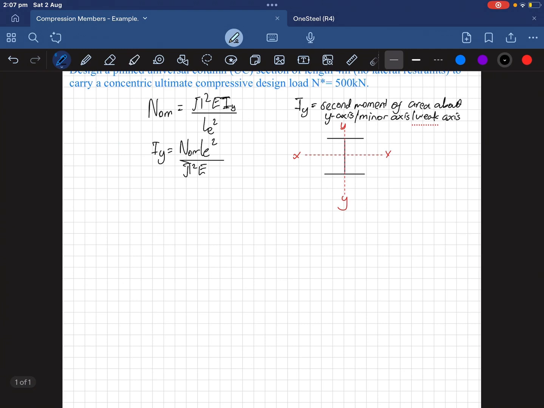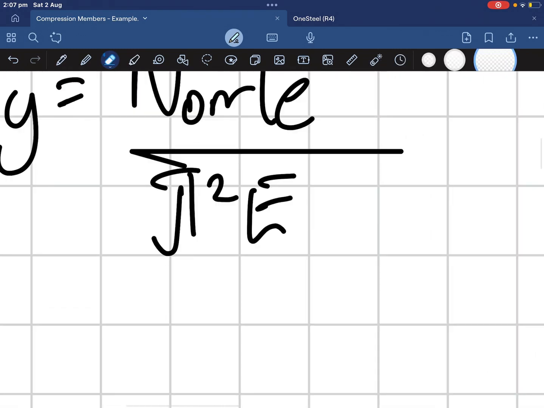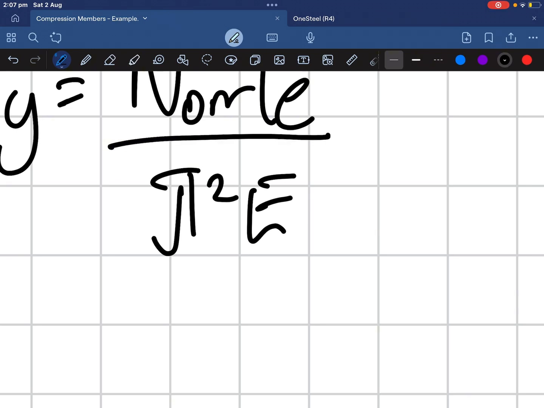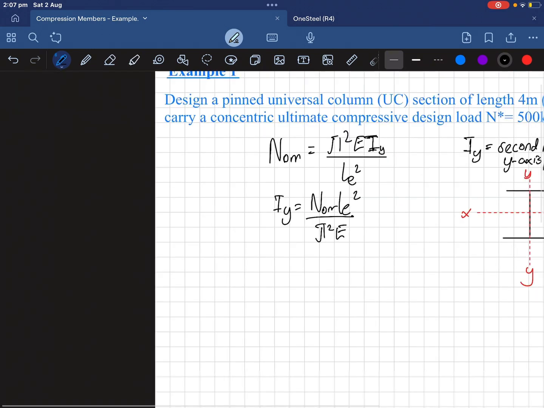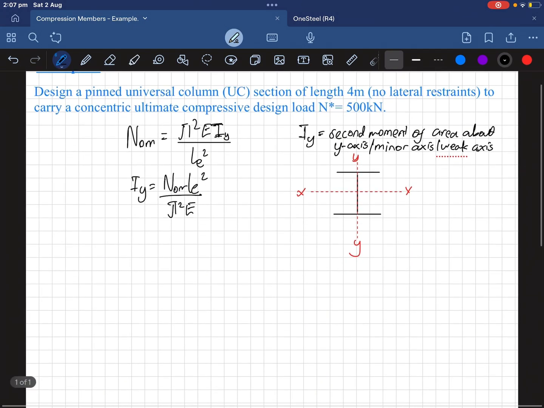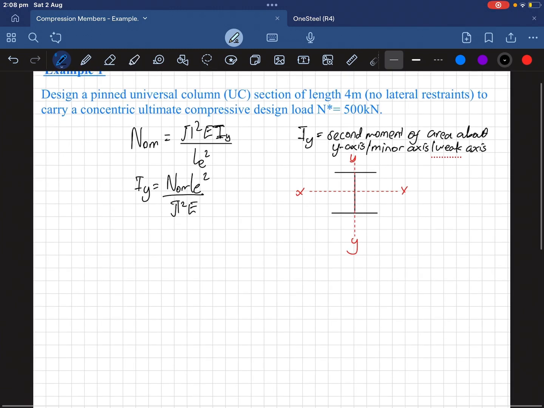Now you might be wondering what is LE. That's the effective length. Here I've mentioned that the length is 4 meters, but I haven't said that the effective length is 4 meters, and there's a difference.